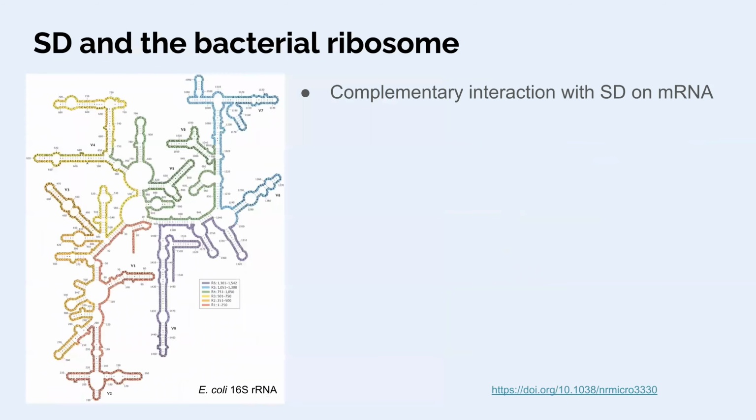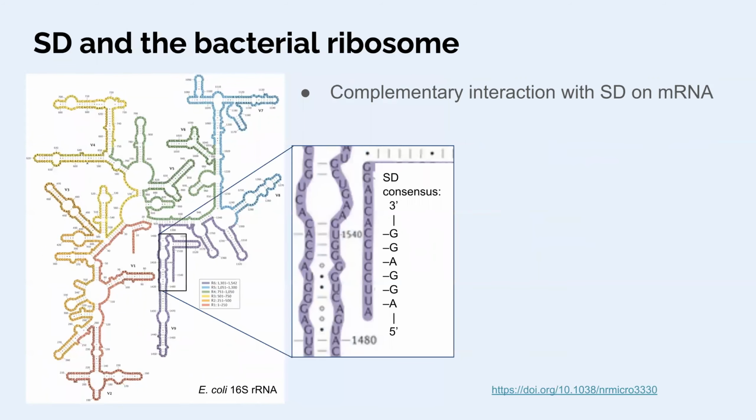It is kind of interesting, though, that the sequence AGG, this shows you a little bit more about what it does. It is complementary to a portion of the ribosome. This is one of the ribosomal RNAs, and it has this piece right here, a very important location, that is complementary, a little bit off here, A to U, G to C, G to C, A to U, G to C, G to C, complementary to the SD sequence.